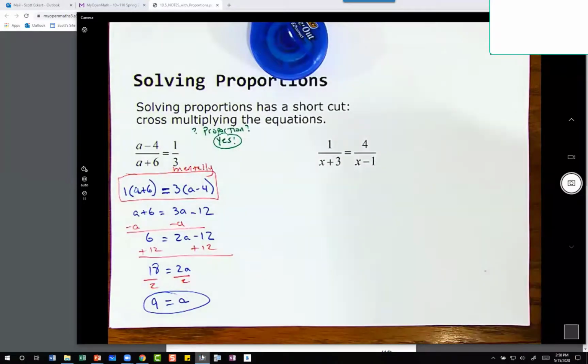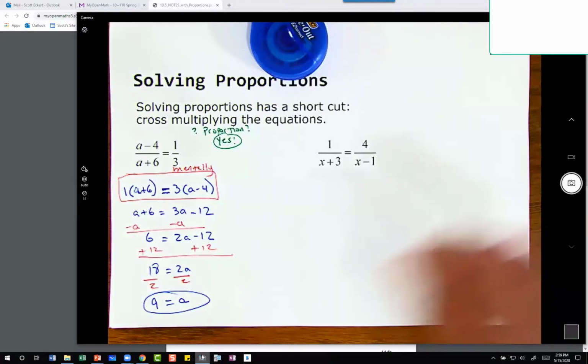Except for one little problem. It comes up sometimes, so we have to be on the lookout. Are there any bad a's? Any restricted a's? Remember, these are fractions.